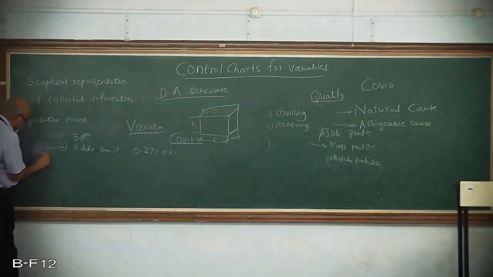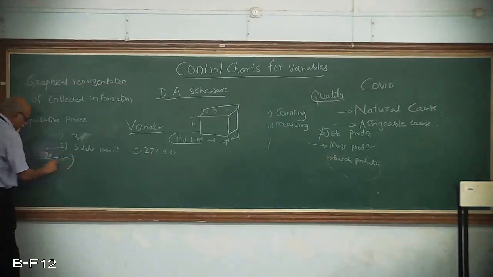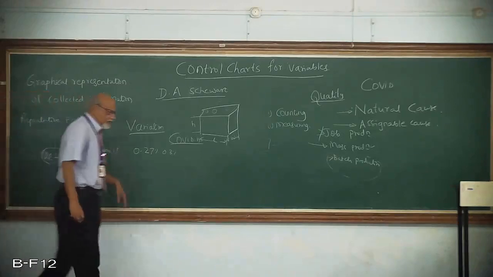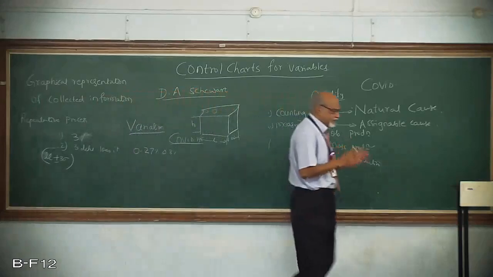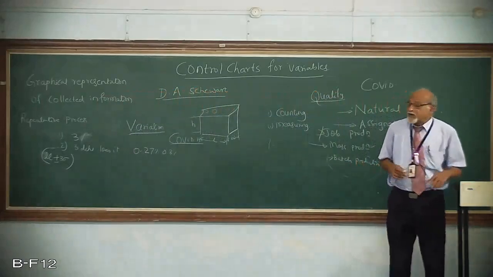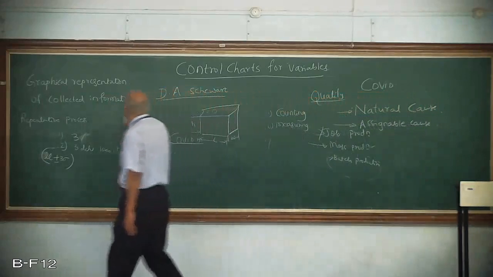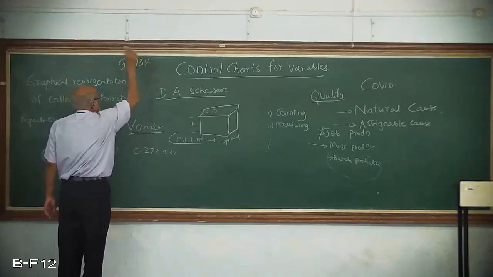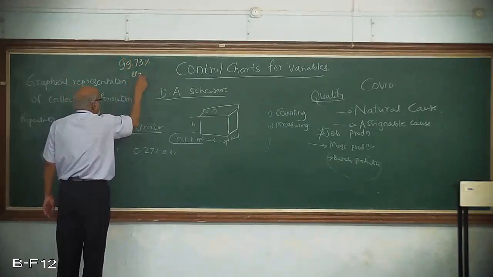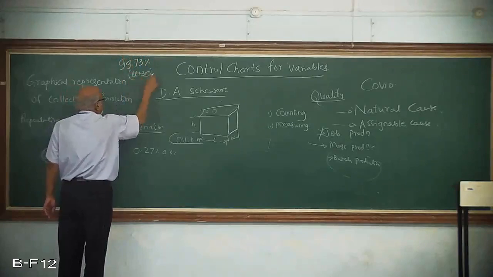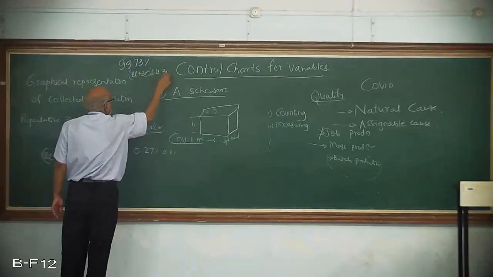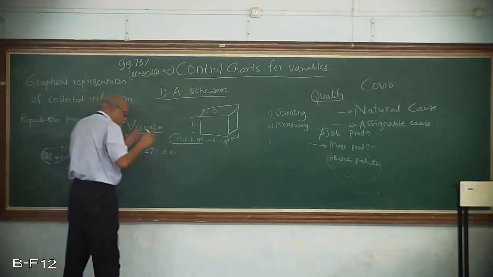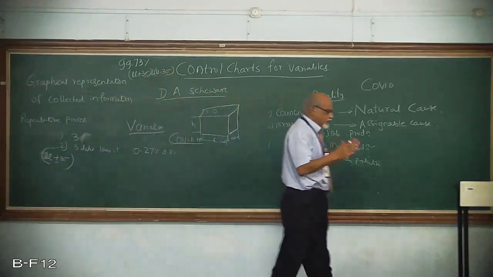3 sigma in the sense, if between the mean mu plus or minus 3 sigma limit, under the normal curve, how much area is covered? 99.73% of area is covered between mu plus 3 sigma and mu minus 3 sigma.